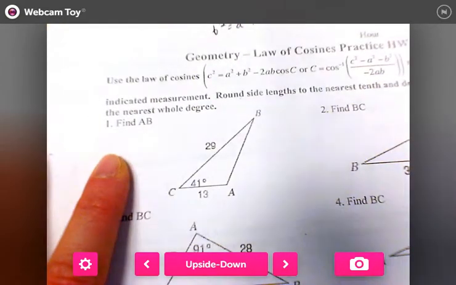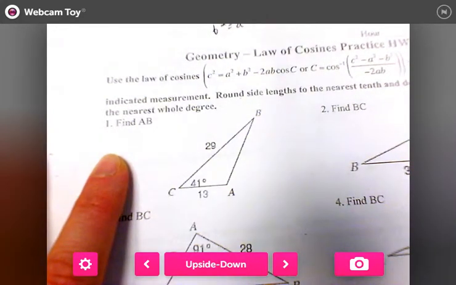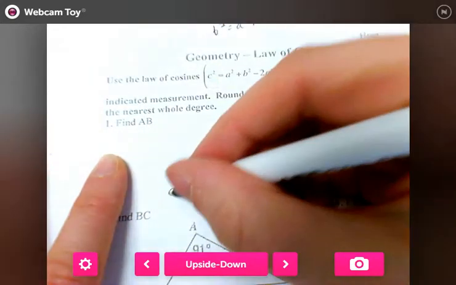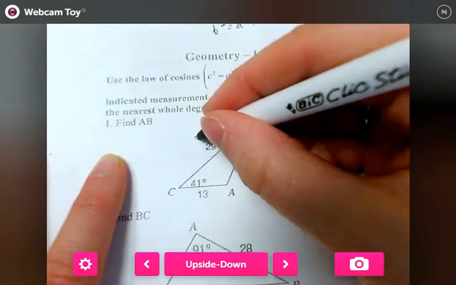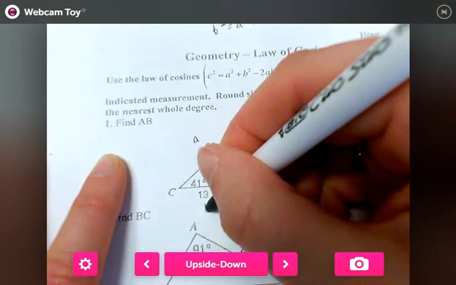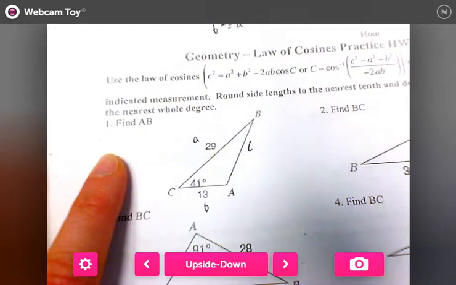First, number 1, your first step is always to label your sides. So across from C is little c, across from A is little a, across from B is little b. Okay?